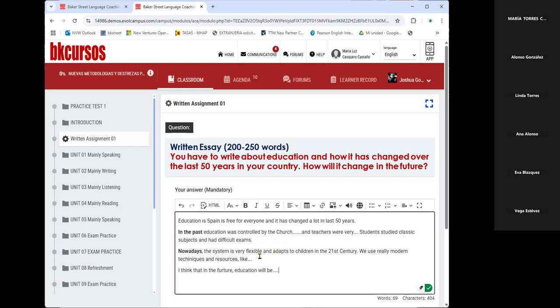Okay, so what we want to see here is by thinking about how to plan all the things in our head, right? And we identify that the title is talking about the past, the present, and the future.